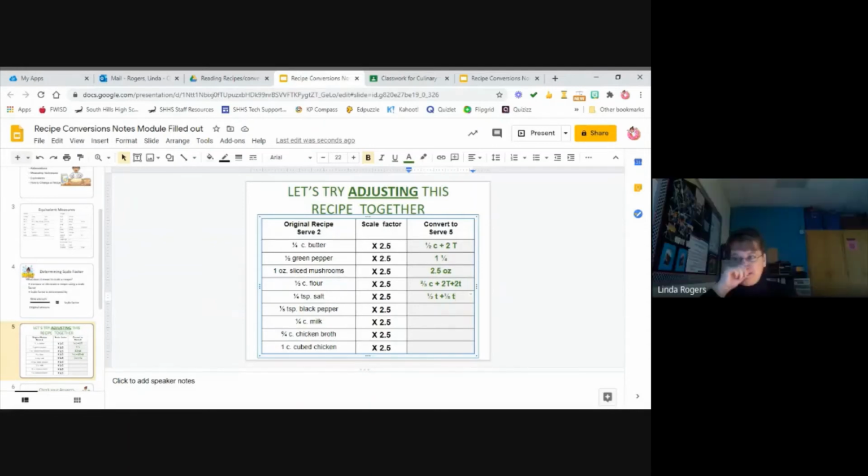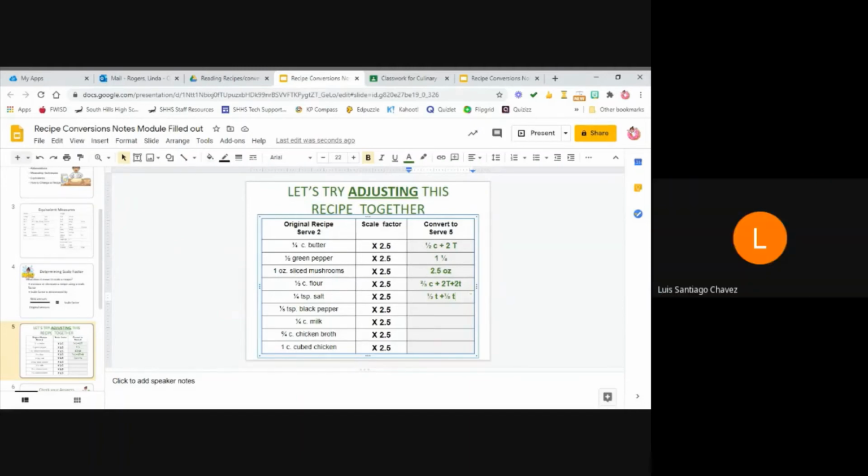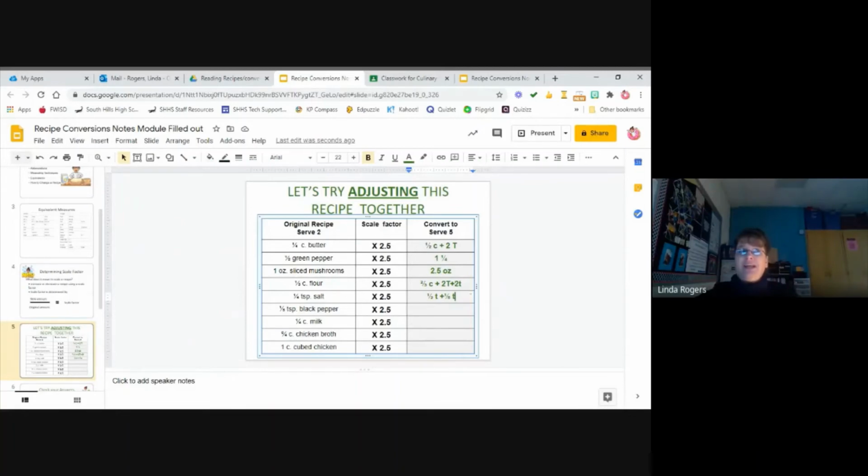Any ideas? Check back to the equivalents. If you were really measuring an eighth of a teaspoon and all you had was 1/4 of a teaspoon, how are you going to measure that? No guesses?